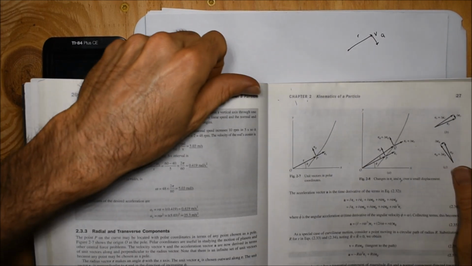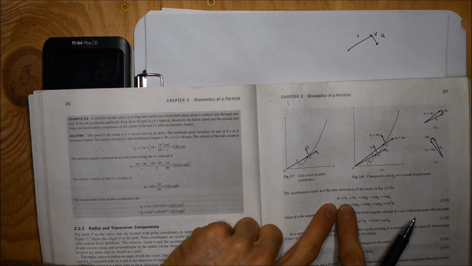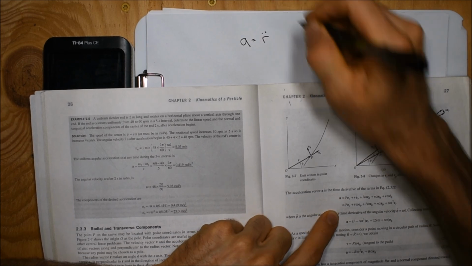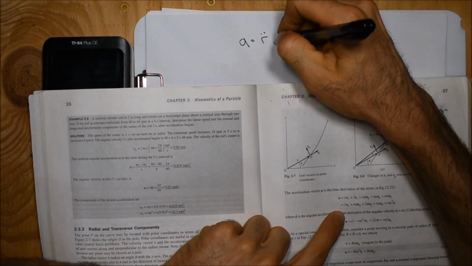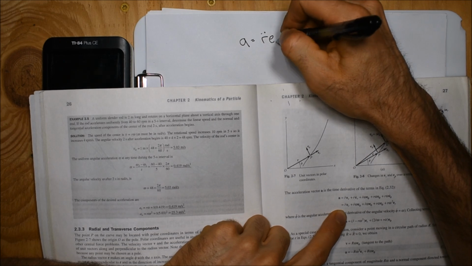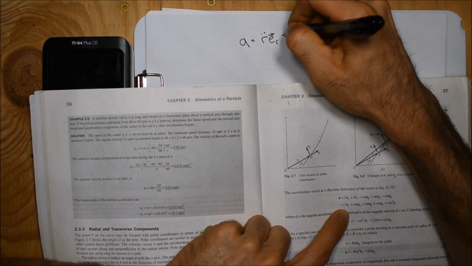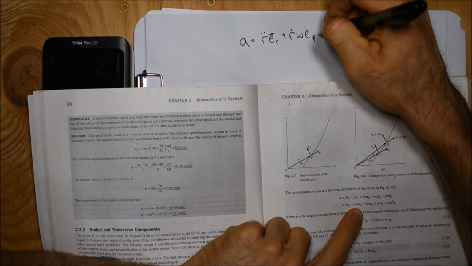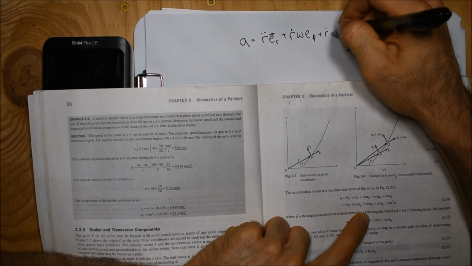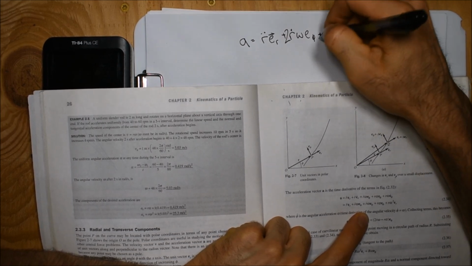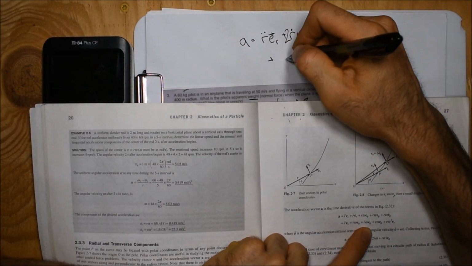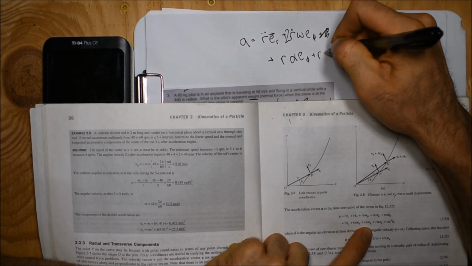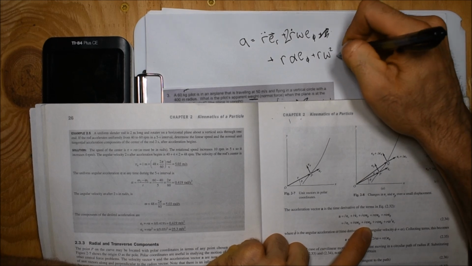But anyway, what we want to... Okay, so this is the equation for acceleration: r double dot e_r, and this is a vector, plus r dot omega e_phi, plus r dot omega e_phi. Well, there's two of those. And then plus r alpha e_phi plus r omega squared e_r.